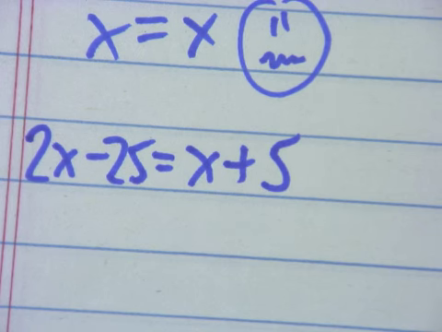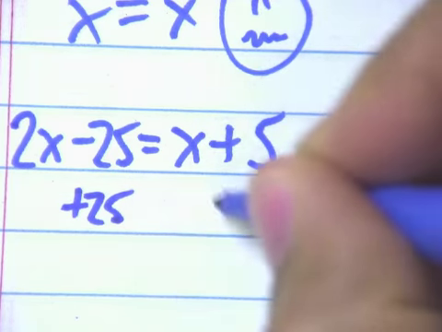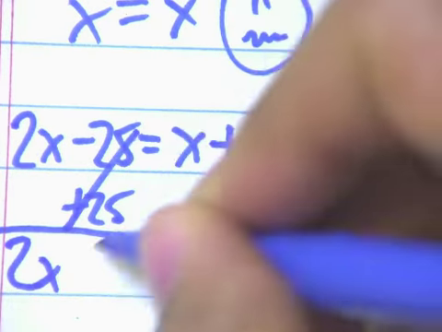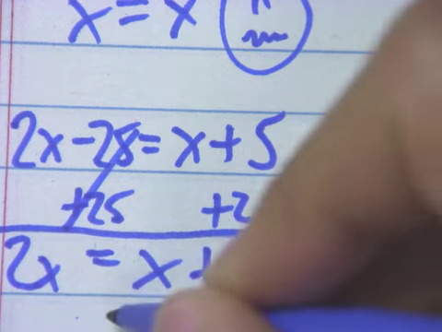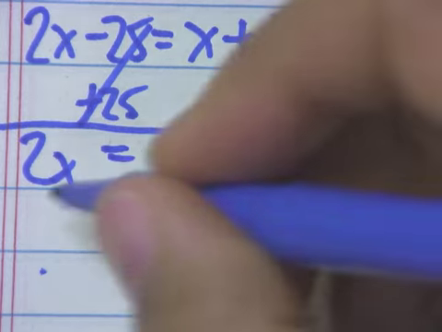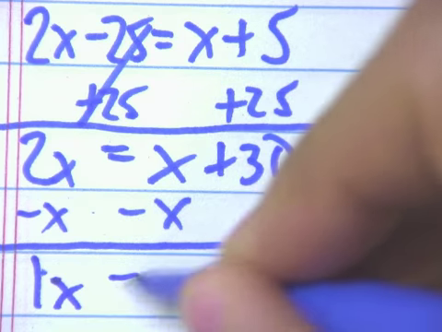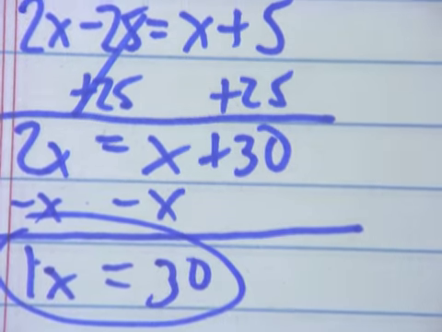So let's plug that in here. And now let's do some algebra. So 1x comes out to be 30.